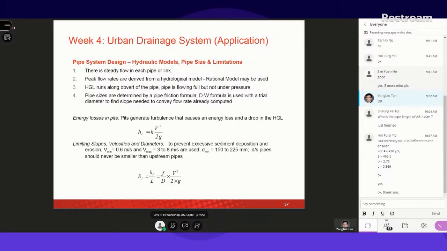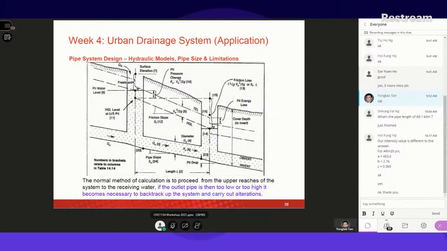Now the next slide is showing the pipe design system and the terms we use in the pipe design.